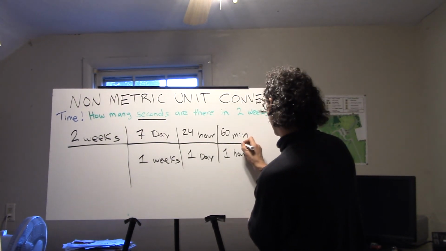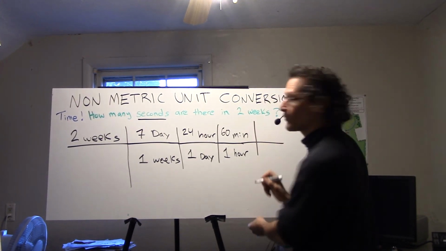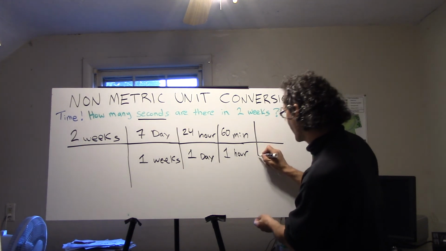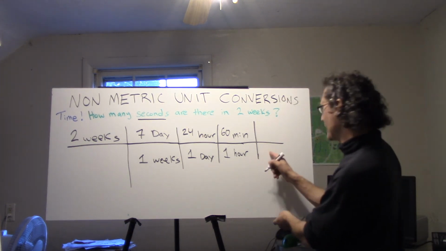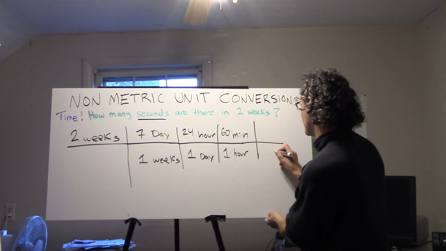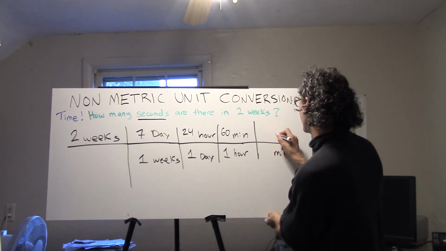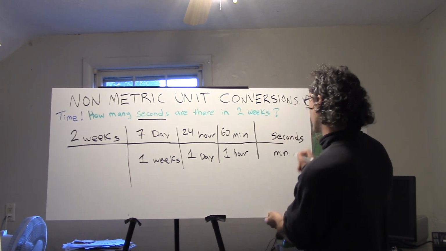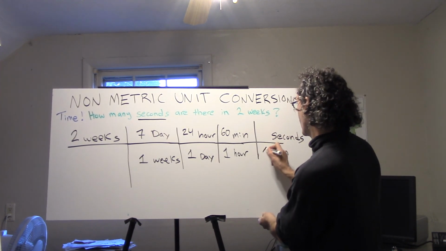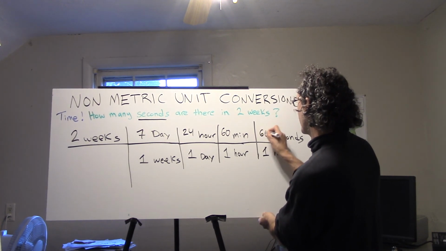And hey, I think we're down to our last one. I don't think there's another subunit we can find, although I'm sure we can make one up. That'd be rather peculiar. Let's not. Okay, here is minutes. The equivalency is seconds, which is exactly the thing that we want. And 1 minute is the same thing as 60 seconds.